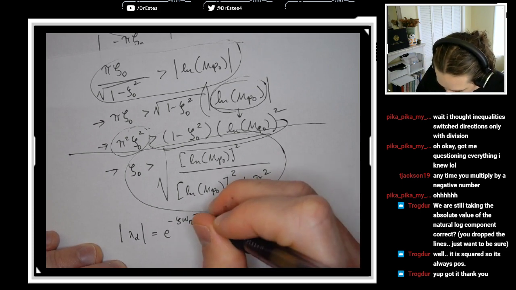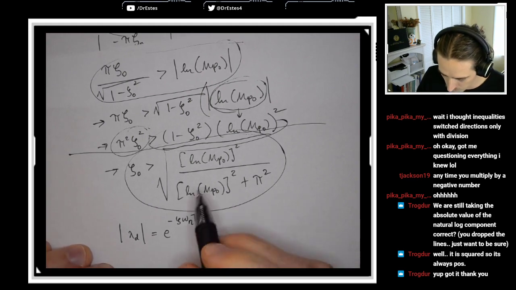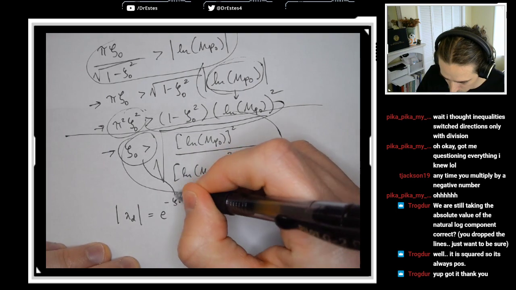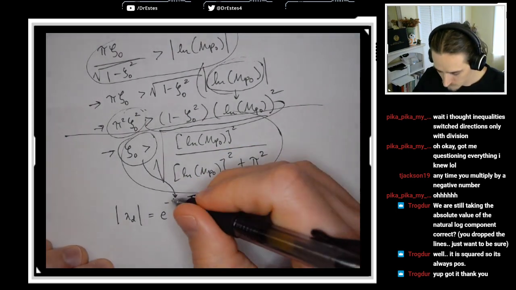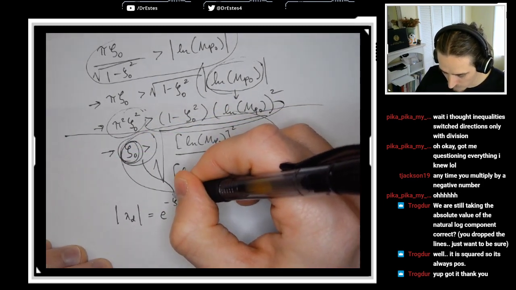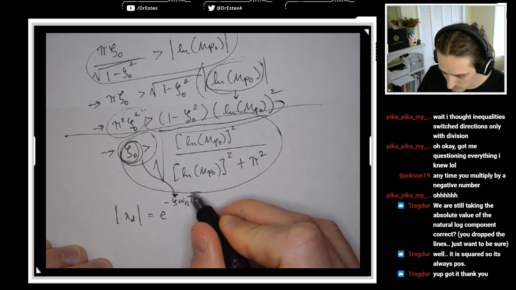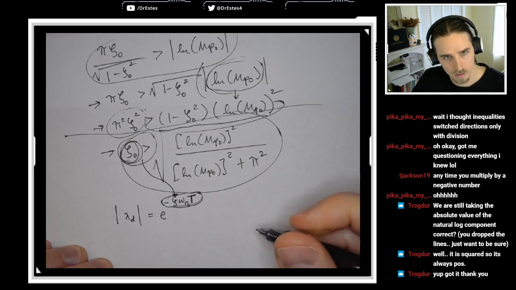Okay, so if we're saying that the damping ratio needs to be bigger than something, if I substitute this value in here, this means that this number will become more negative.